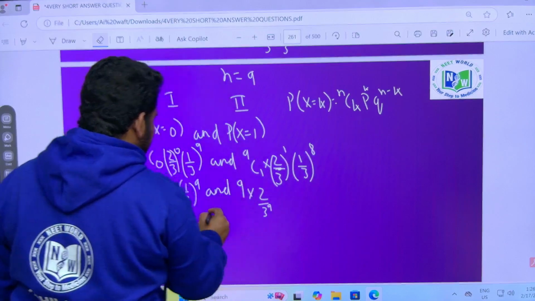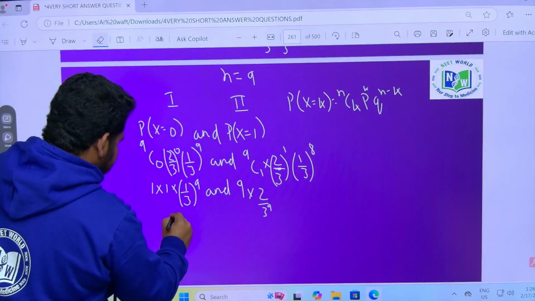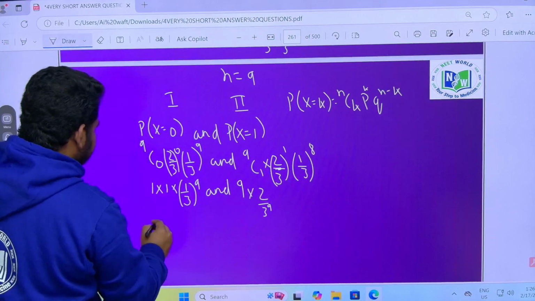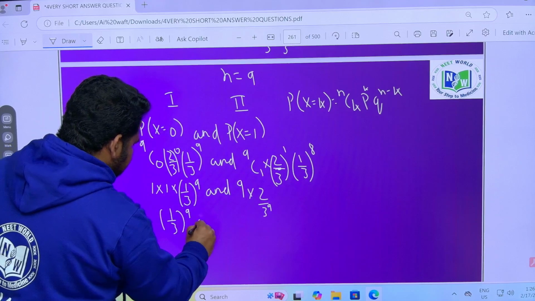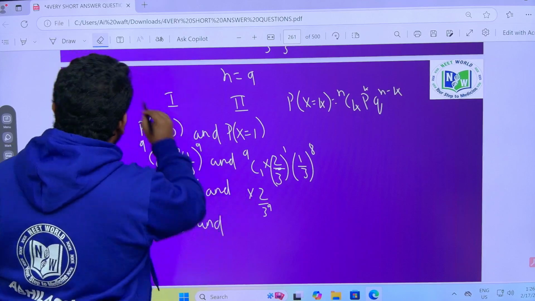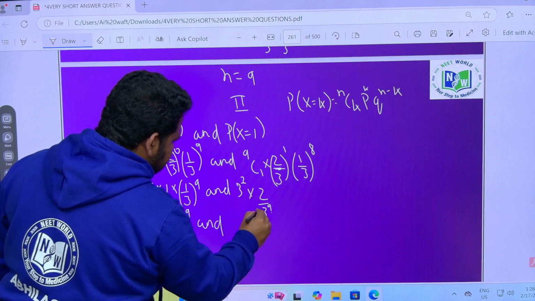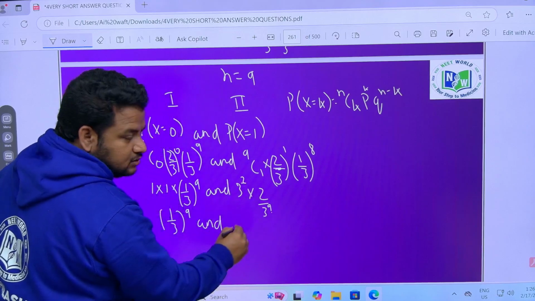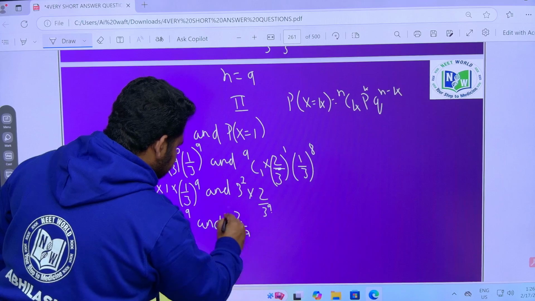Now this 9 I can write as 3 square. So this will become 3 square by 3 to the power of 9, which is 2 by 3 to the power of 7.